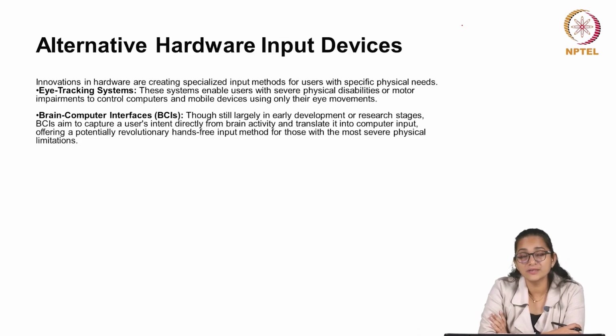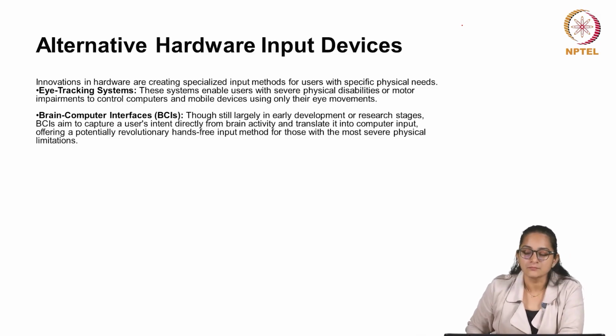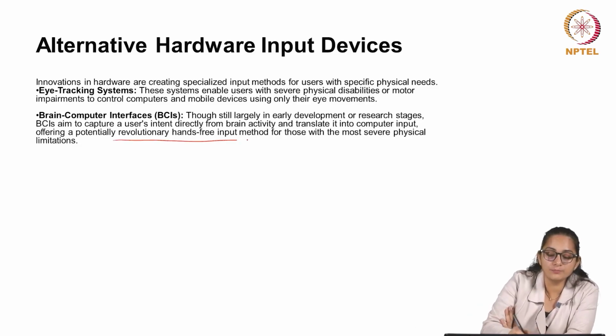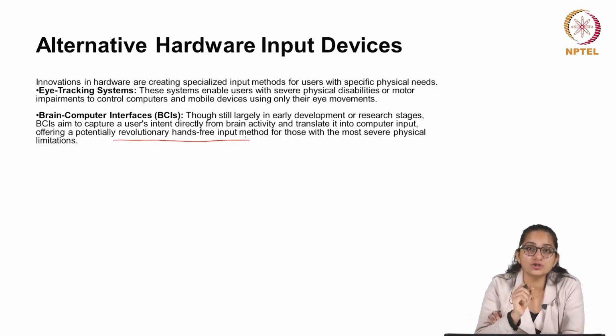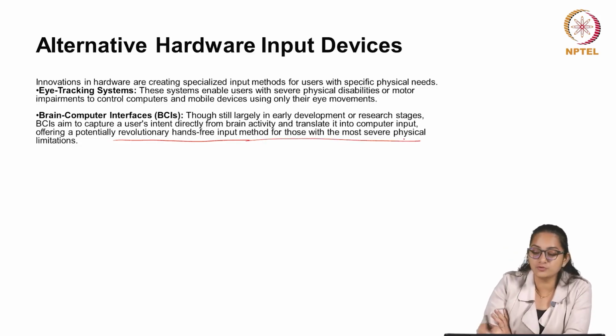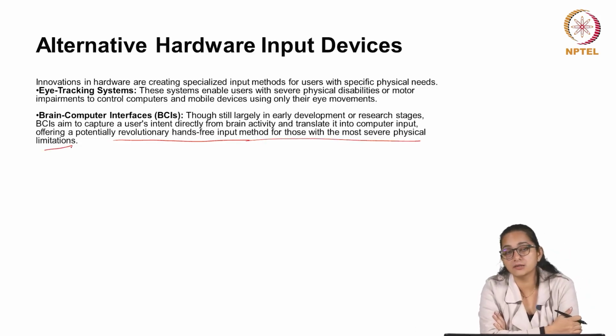All you need to do is think that this needs to be done and this button needs to be pressed and it will happen. So, that is going to be potentially a revolutionary hands-free input method for those with severe physical limitations.